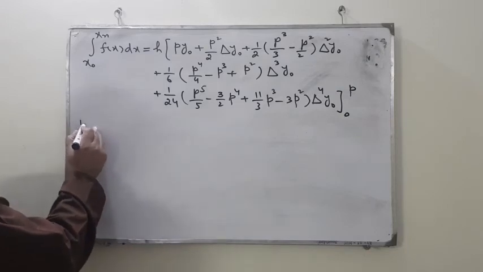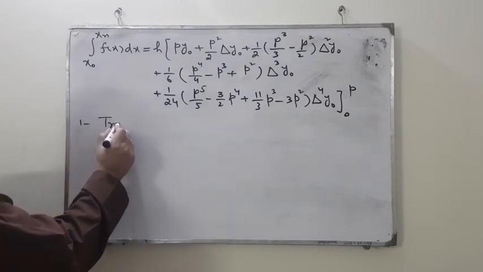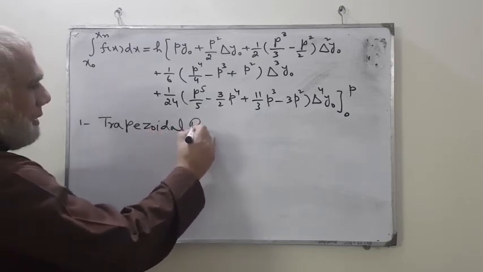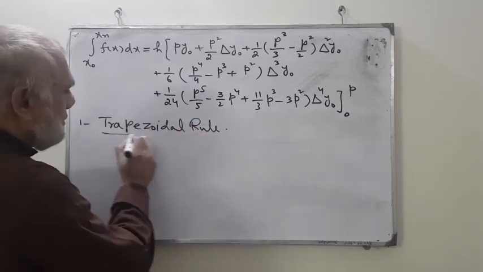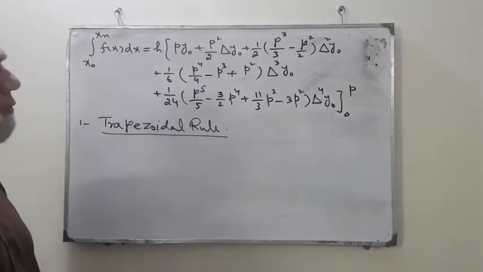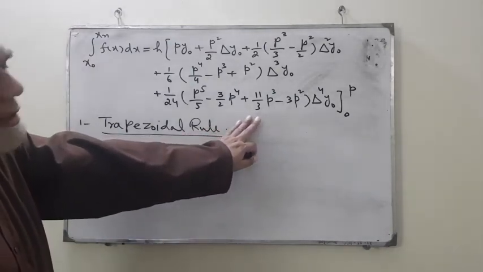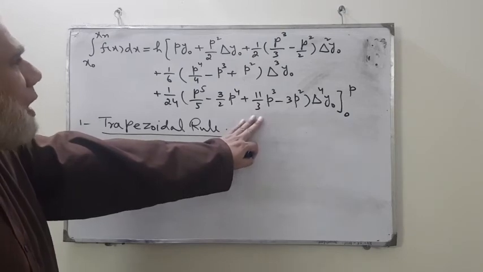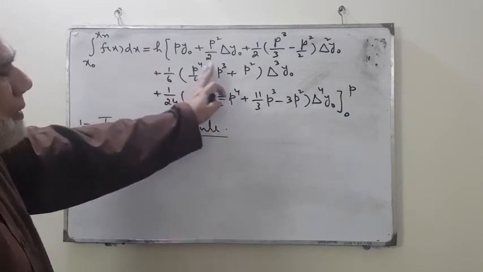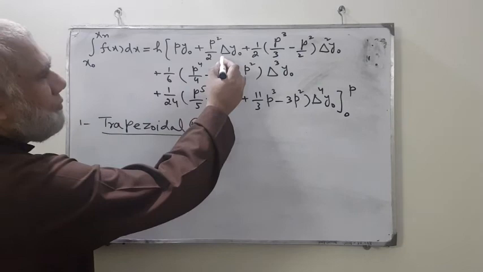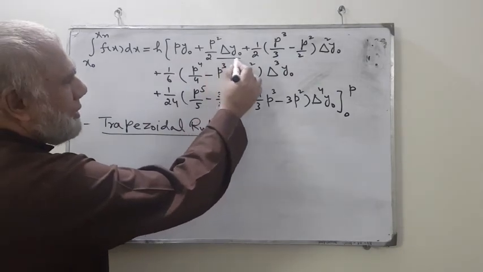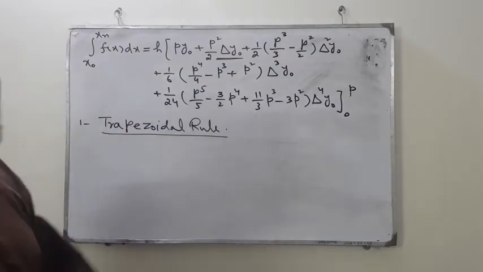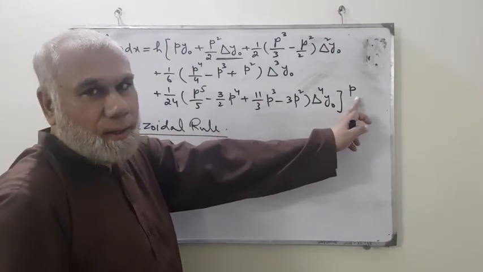The first formula we are going to generate is named the trapezoidal rule. In order to generate this formula, we are going to put some restrictions on this polynomial. The first restriction is that you have to truncate this whole polynomial up to the first order difference, up till here. And the second change is that you have to take p equals 1.